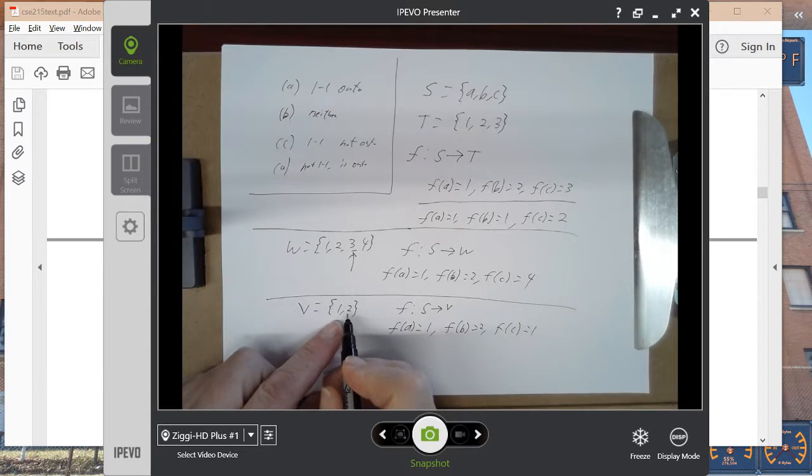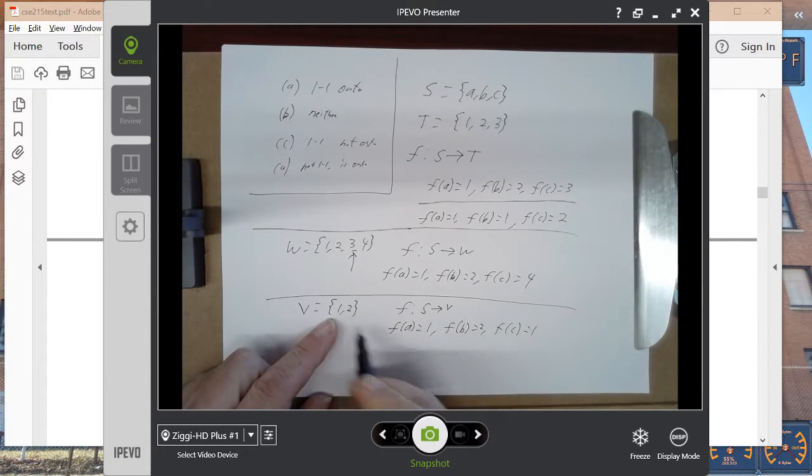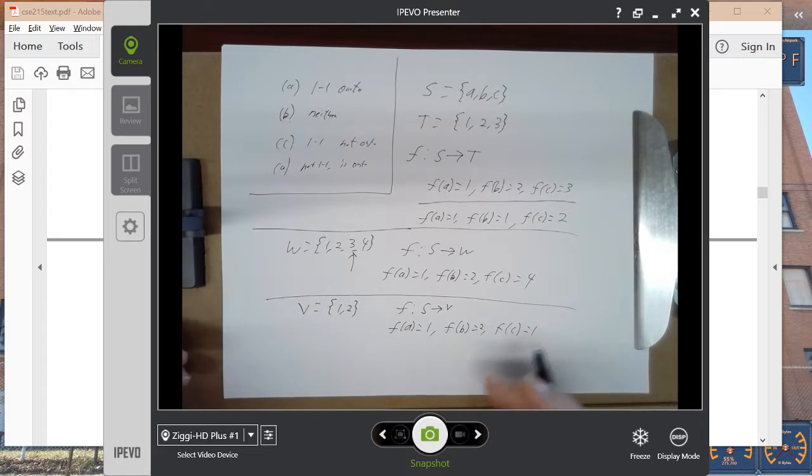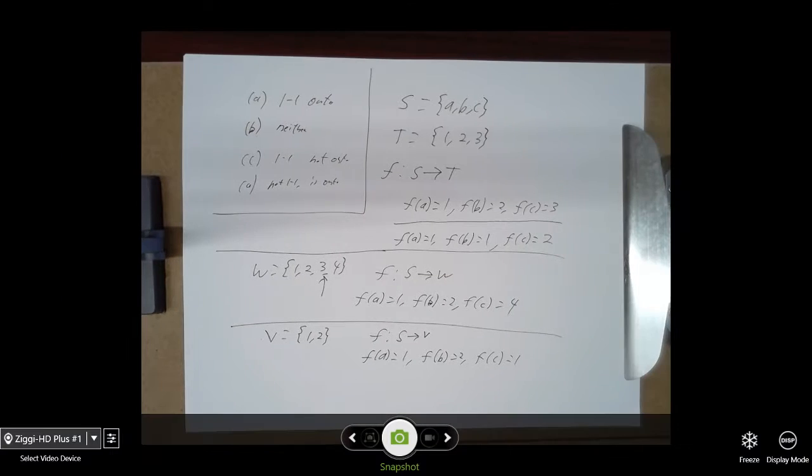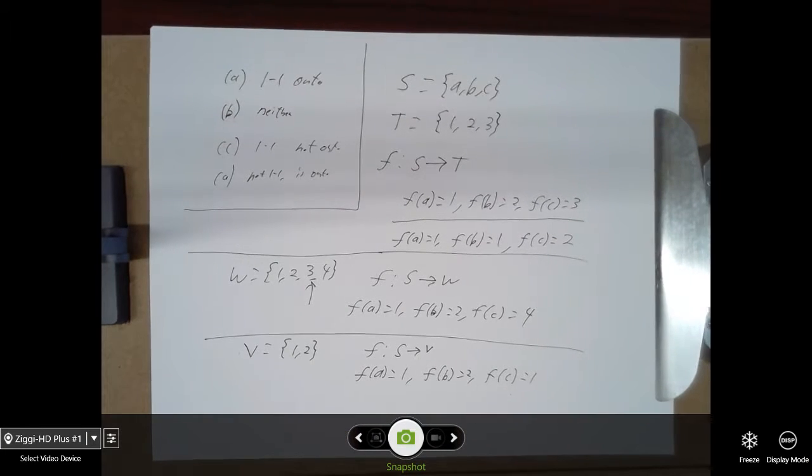And it's clearly surjective because every element in V is mapped to, but it's not injective because A and C both map to the same. So there's an example of each. So question 8 is asking you to do the same thing, but looking at the set of positive integers instead of these particular sets, and see if you can find examples of these.